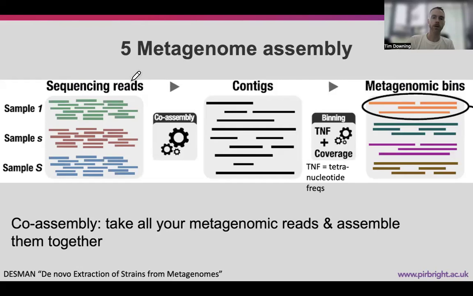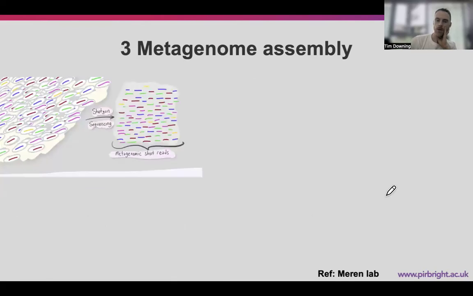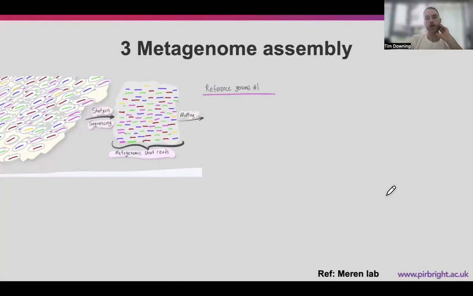So here we can think that we have a bunch of reads. One option is to co-assemble them into contigs, and then we try to identify what species may be present using an approach. One of the typical approaches is to look at the tetranucleotide frequencies. We're not doing that, but that's another one that's quite common. So with metagenome assembly, we can think about our initial assembly of the short reads.